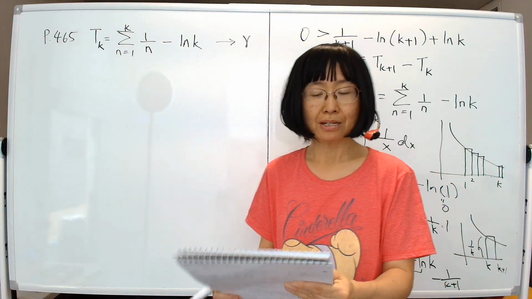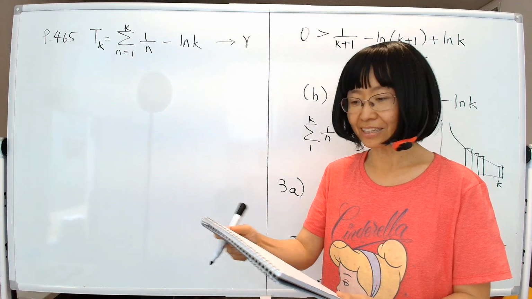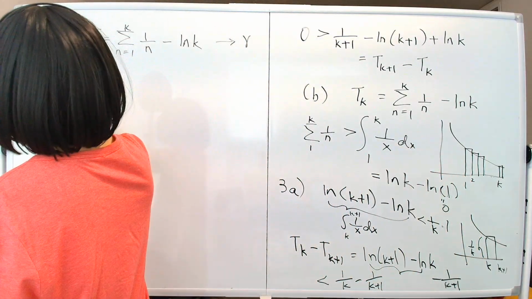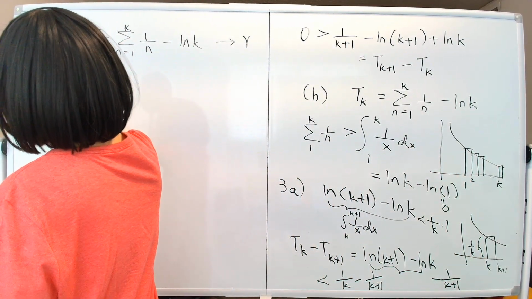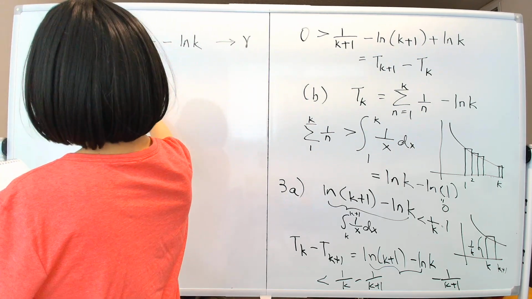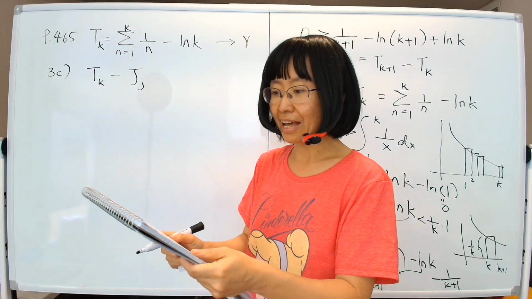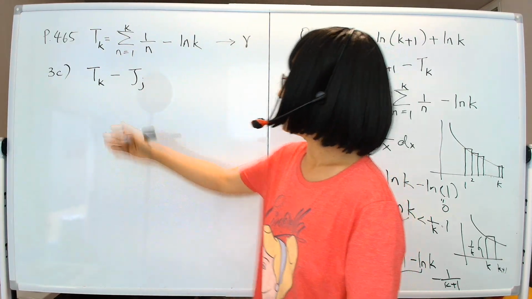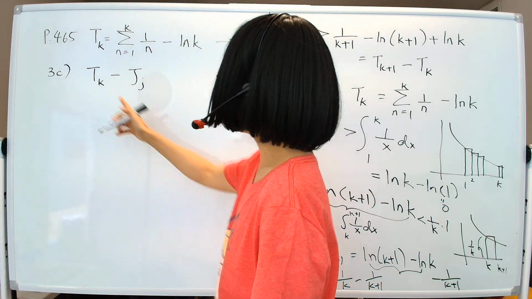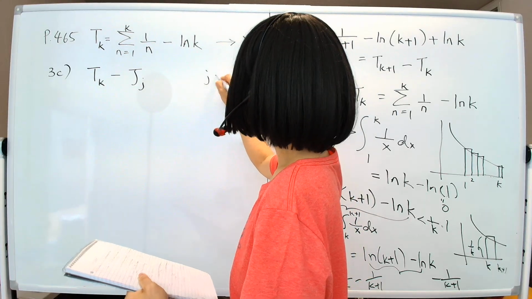Next let's do 3c, where we have to turn this thing into a telescoping sum, which is quite ingenious actually. So for part 3c, let's consider t_k minus t_j, where j is some other number. What number is that? We don't care right now. We're just going to pull another trick: we write this in terms of a telescoping sum where j is bigger than k.